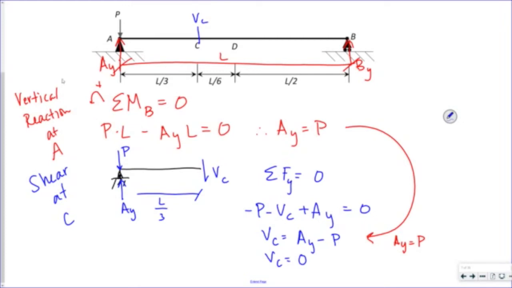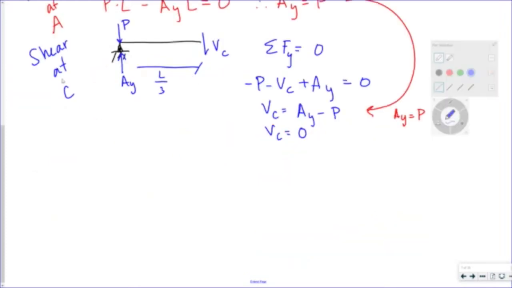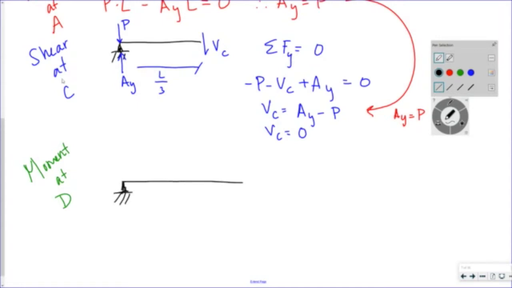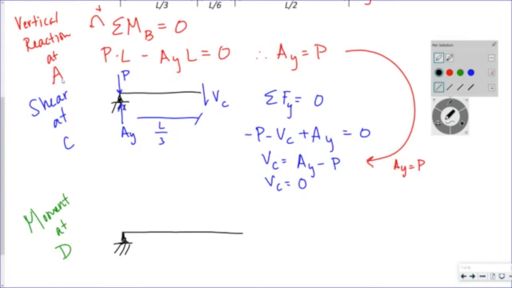Now I'm going to do my moment at D. So I'm going to draw my little beam. I'm going to cut it at D, wherever that is up there.